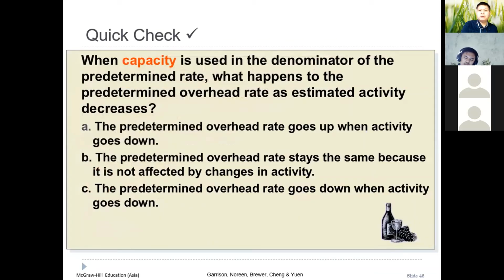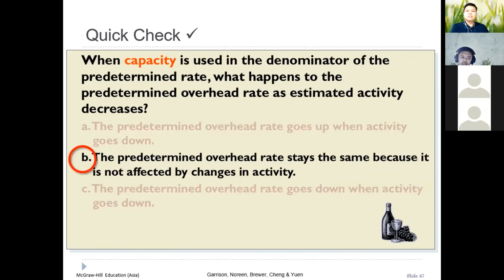A: The predetermined overhead rate goes up when activity goes down. B: The predetermined overhead rate stays the same because it is not affected by changes in activity. C: The predetermined overhead rate goes down when activity goes down. What's the answer? It stays the same, no? Because it is not affected by changes in activity. Kasi you are estimating it at capacity.